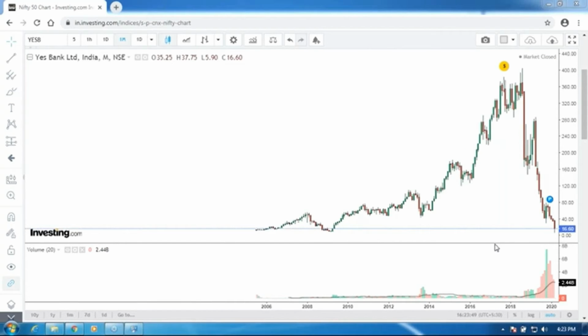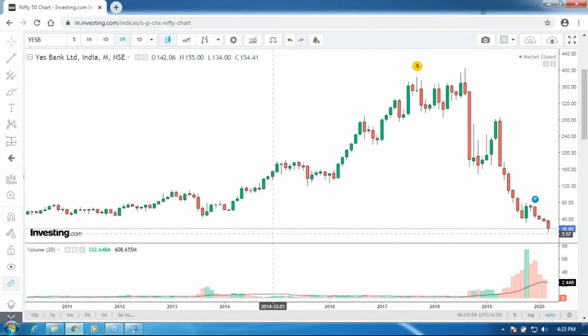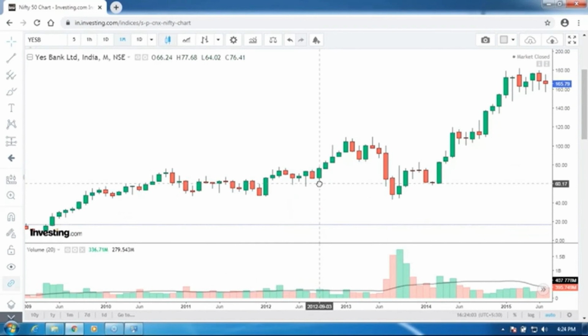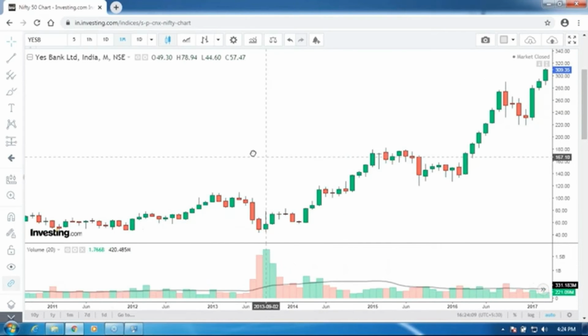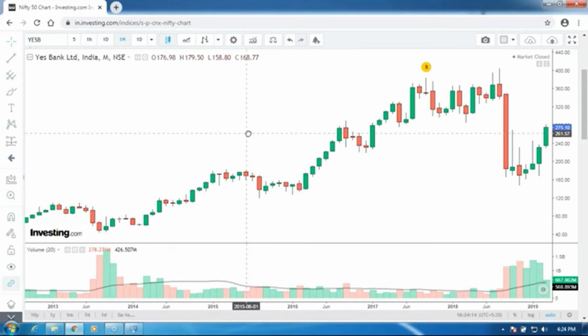Now, if you bought at the right time, the right place to have entered the stock was somewhere close to about, let's say, 2011. In 2011, the stock used to trade at about 40 rupees, and then it went to 400 rupees in 2018. And during this period, if you look at the chart through this period, the stock was forming higher bottoms all through.